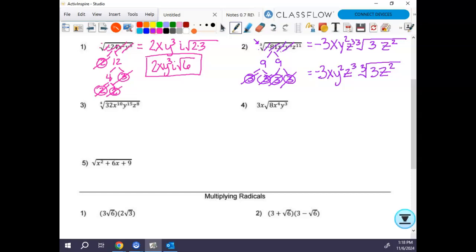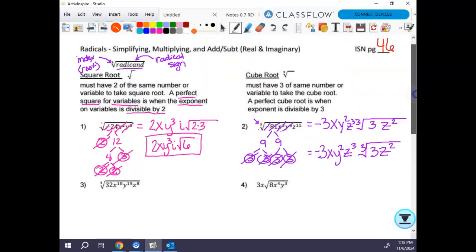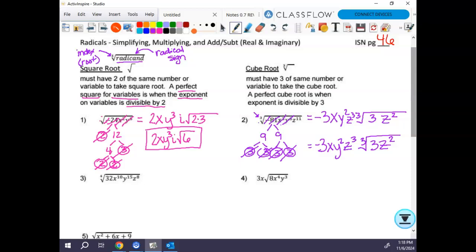Yes, sir. Can you explain why there's no i in the... Yes, because if I take the square root of -1, we know that that is i, right? If I take the cube root of -1, that means I want the number times itself times itself that would give me that back.